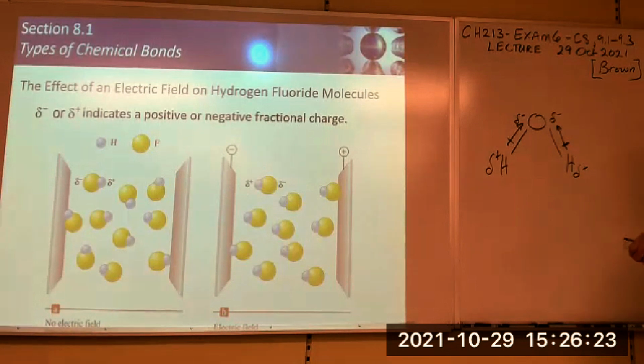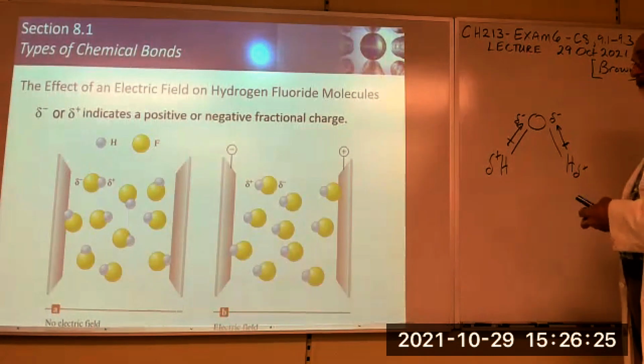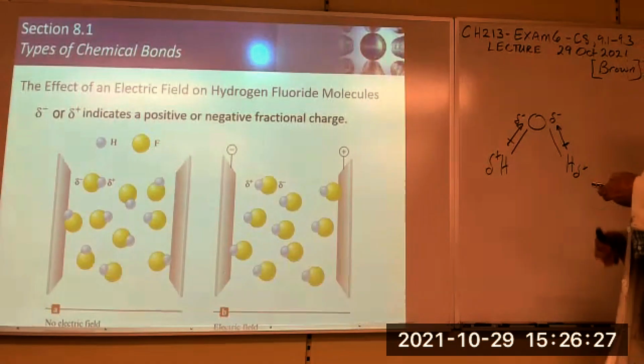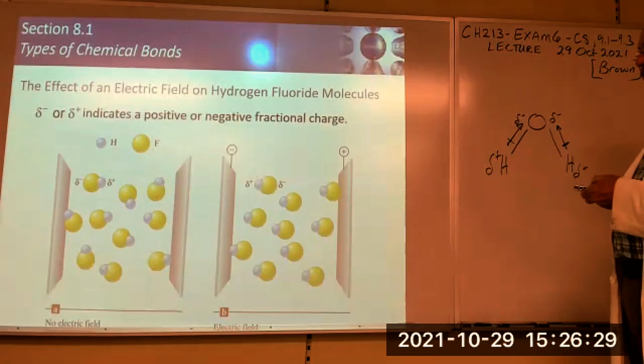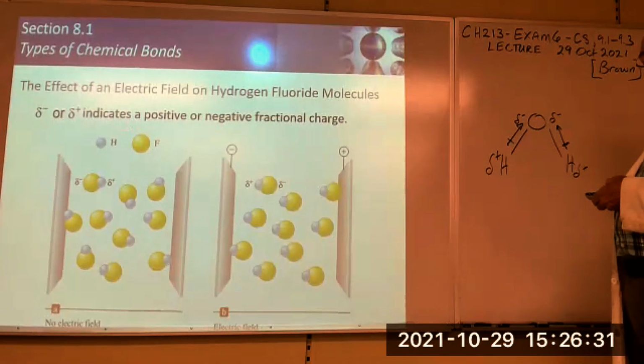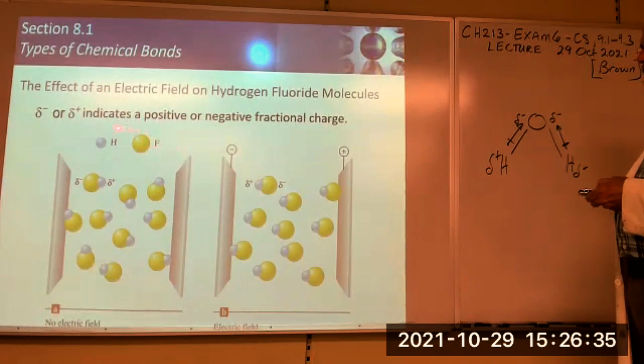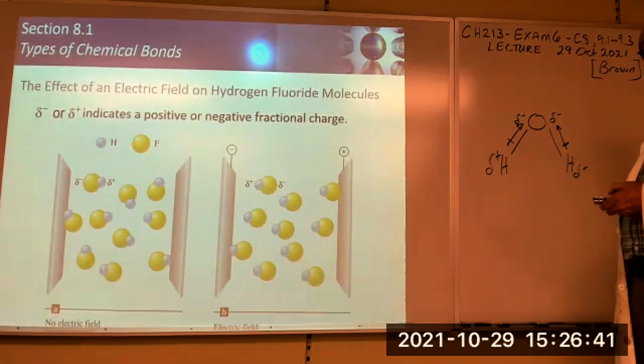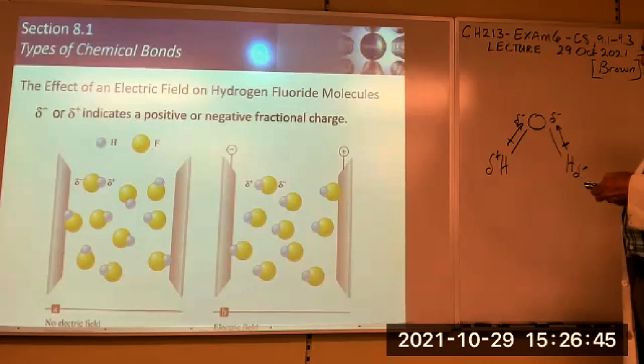You can measure the polarity of a bond, particularly if you have a diatomic molecule. Diatomic, two atoms, but they're different. They're different atoms, like hydrogen versus fluorine. When they're bound together, fluorine has a very strong attraction for electrons, but not so strong that it can turn this into an ionic compound.